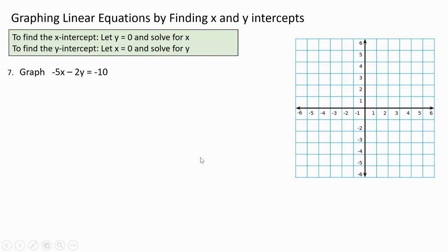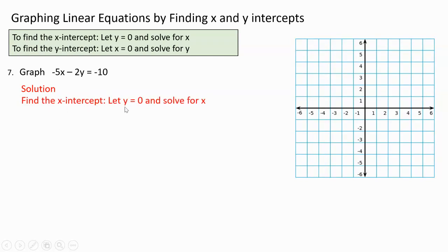Now, number 7, we're going to graph the very same one as the previous slide, but this time we're going to do it by finding the x and y intercepts. So here are the rules.